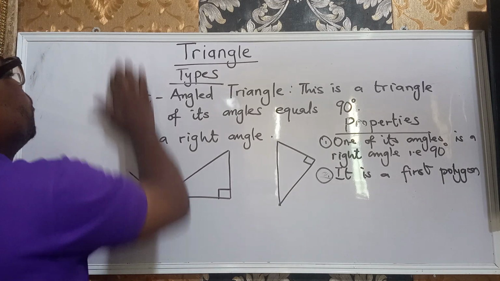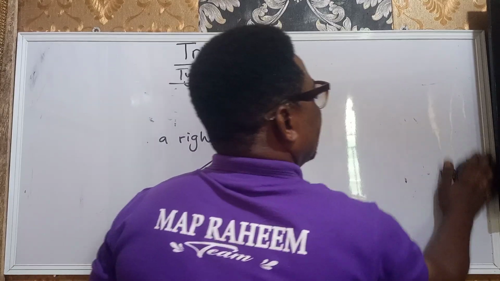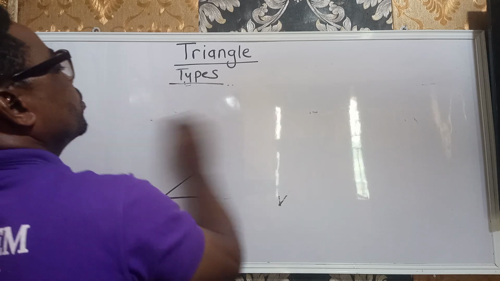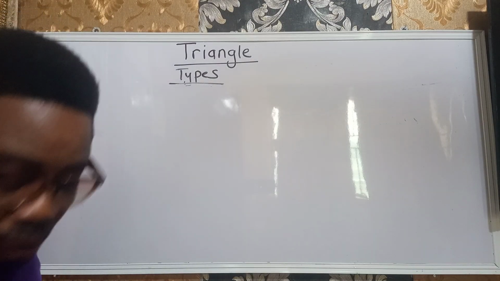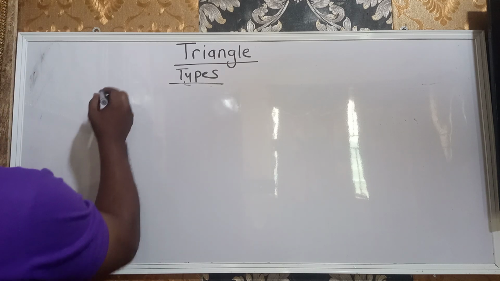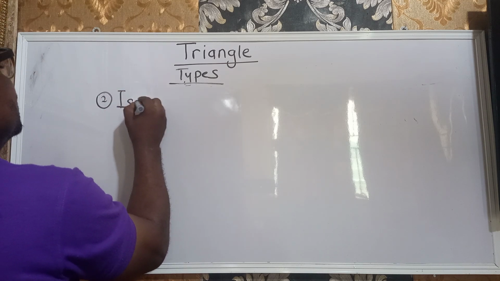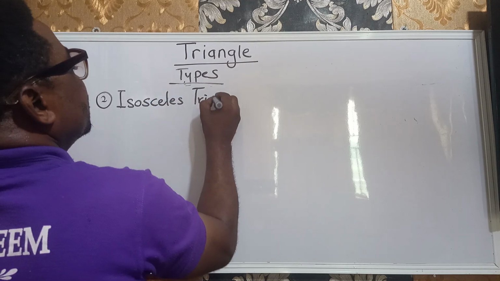The second one we will talk about is the isosceles triangle. Yes, I say isosceles triangle. It is written like this. Number 2 type, isosceles triangle.